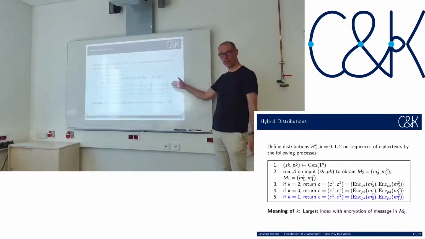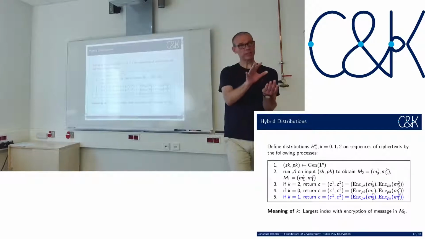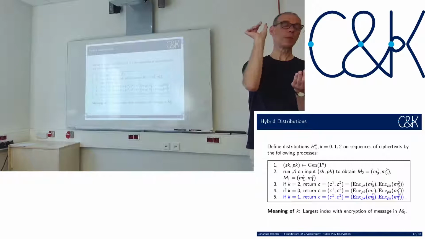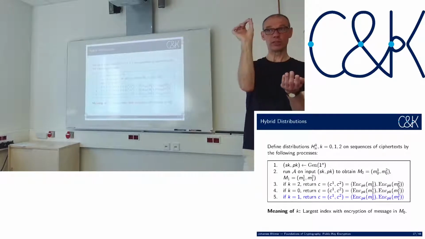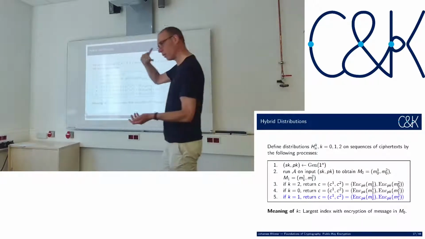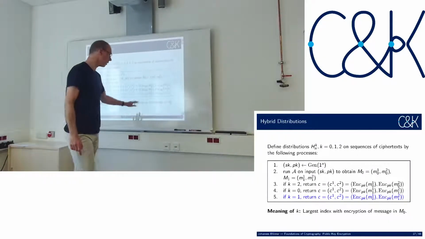And we could do that directly this way, using just the triangle inequality. Turns out we can be a little bit more precise. But that's the idea. By introducing this hybrid, I introduced distributions on sequences of ciphertexts that only differ in one position. And because they differ in that one position, I can use that to get an adversary in my original game. And that's basically exactly what we do.